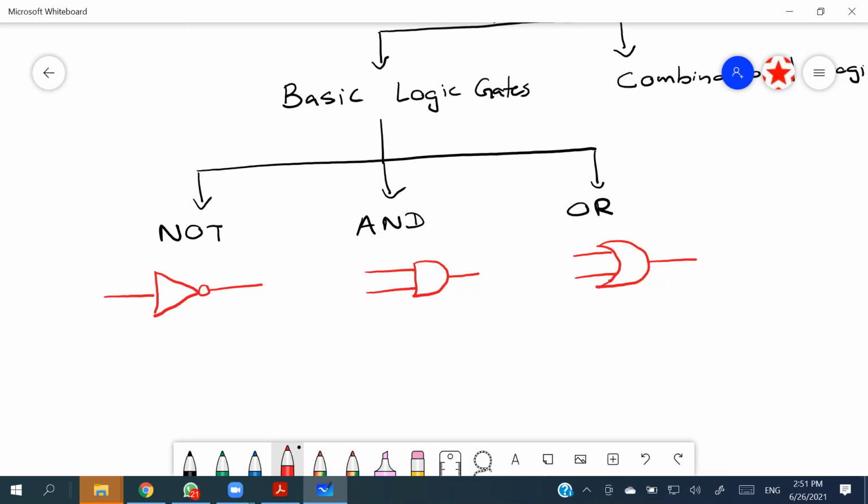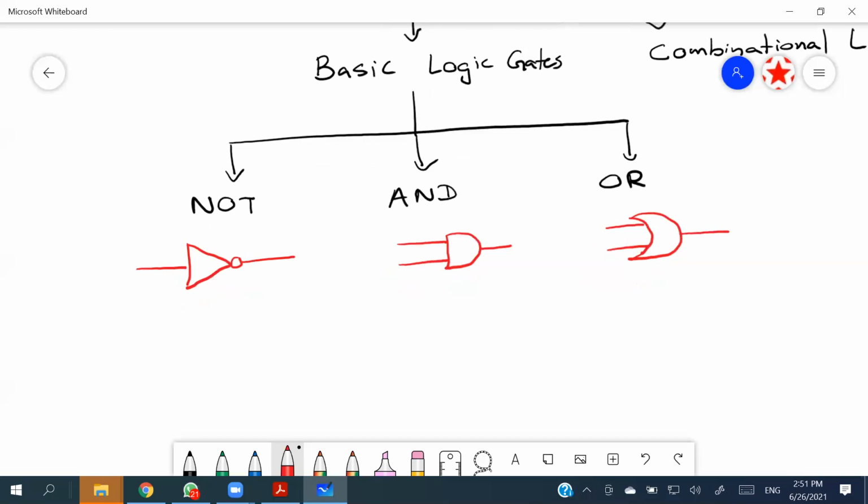And when it comes to a gate, the lines that you can see on the left-hand side are called input lines. And these are called output lines, or sometimes just the output.